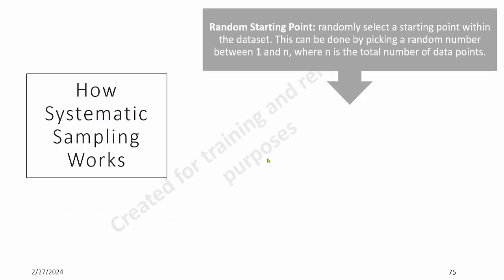Here is a little elaboration on how systematic sampling works. Randomly select the starting point within the data set, which can be done by some random number generator. Let's say you have n data points; just randomly select any starting point.